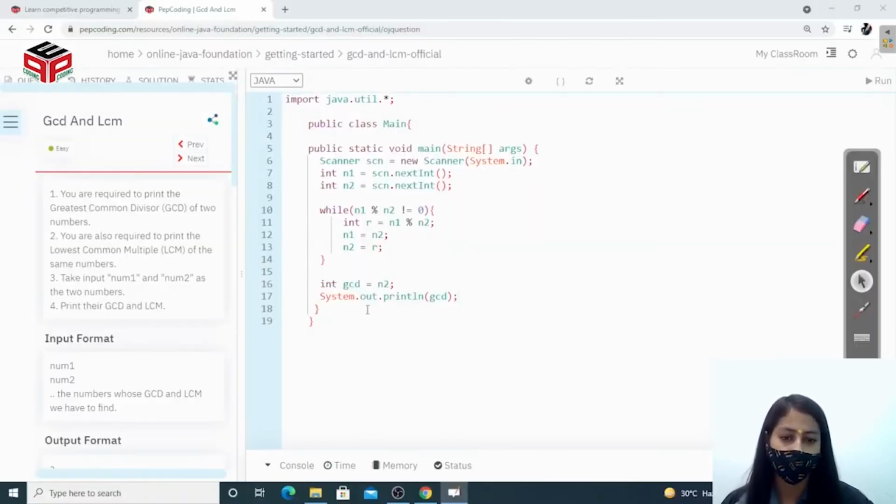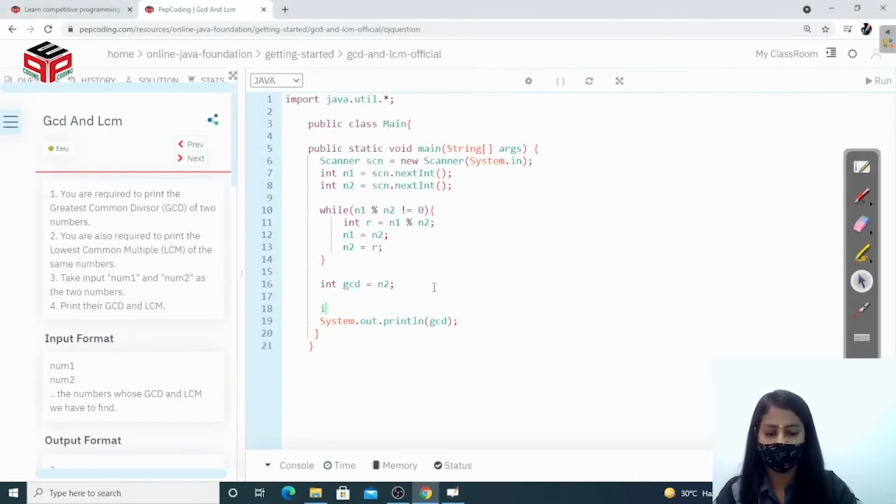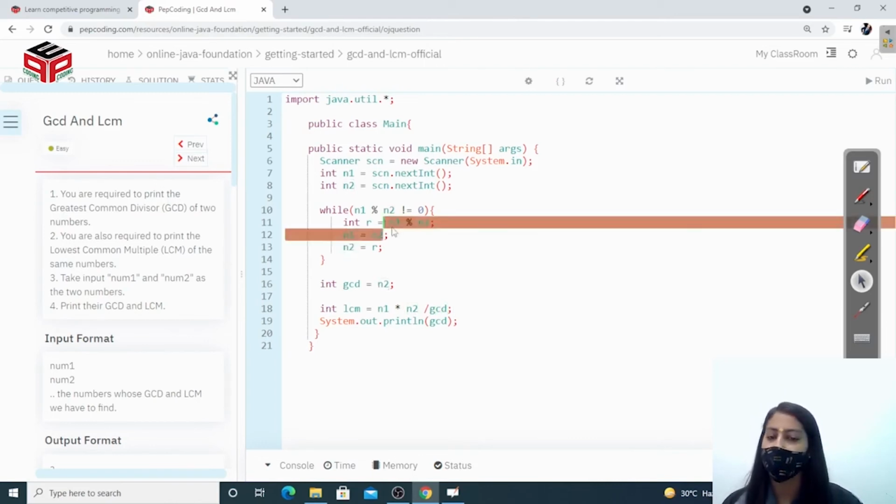So let's code this. LCM is equal to the multiplication of the two numbers divided by GCD.